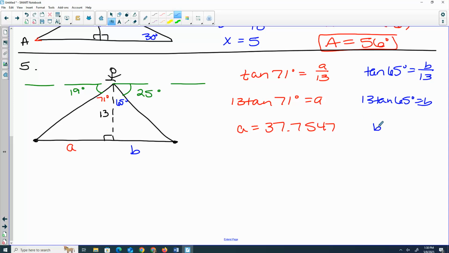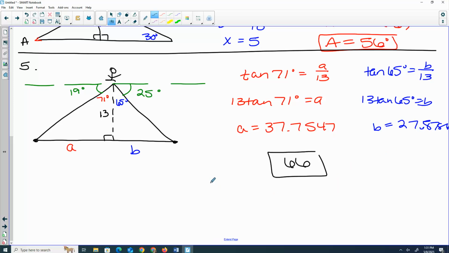And B is 27.8786. Add those together, so A plus B, and you get approximately 66 feet. I think I rounded mine to significant digits, but we were told to at the very end, just make sure you don't round until the end, don't do it in the middle.